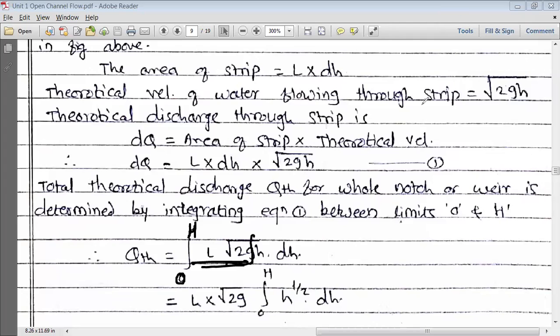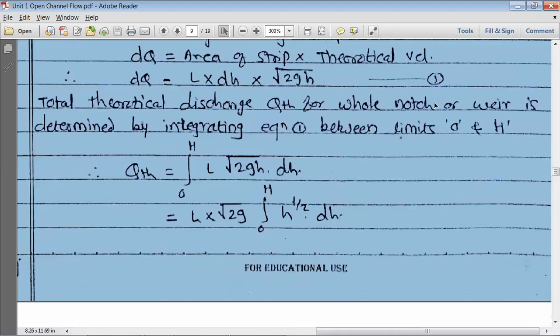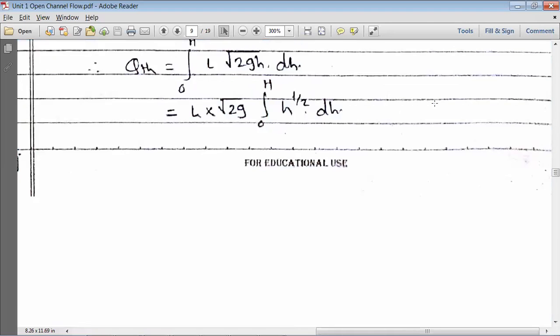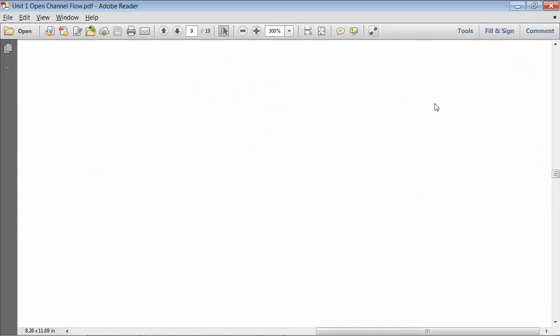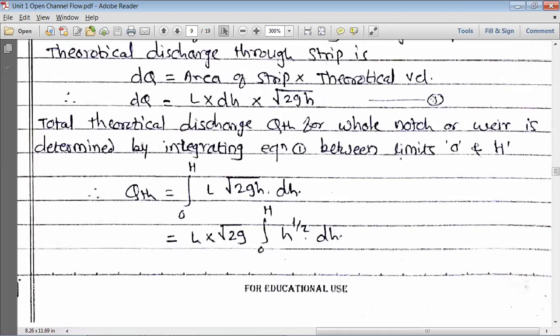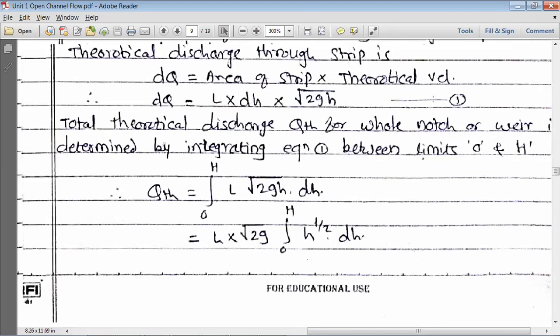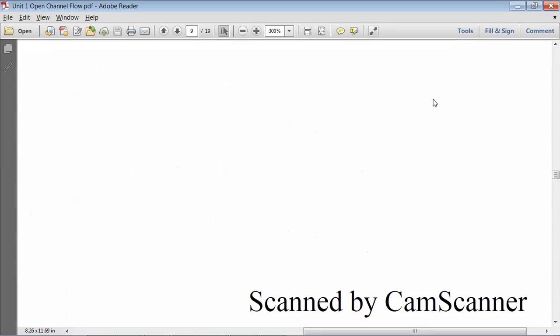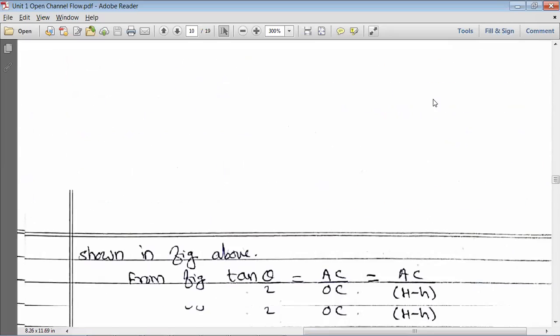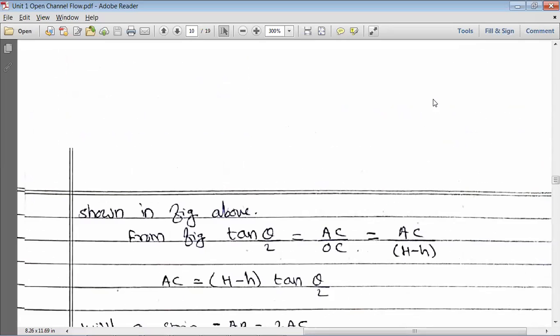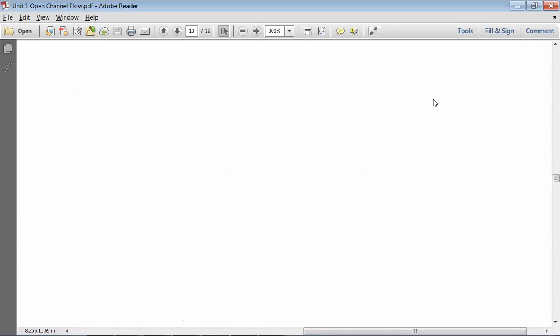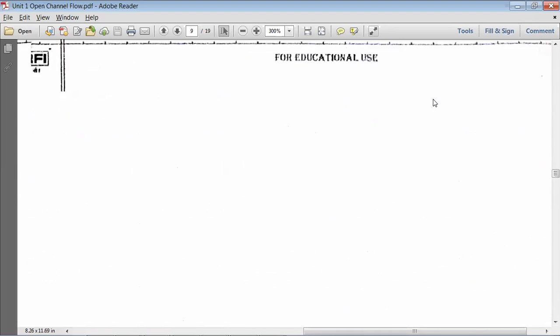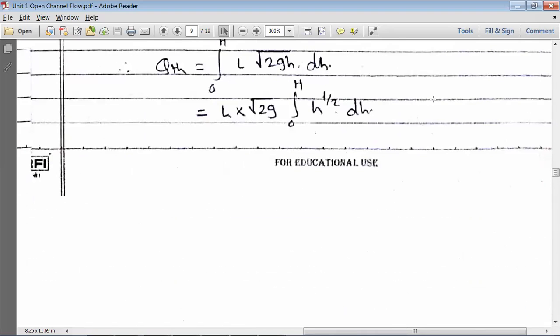Now let us do the integration of h raised to 1/2. Who will tell? What is the general formula?